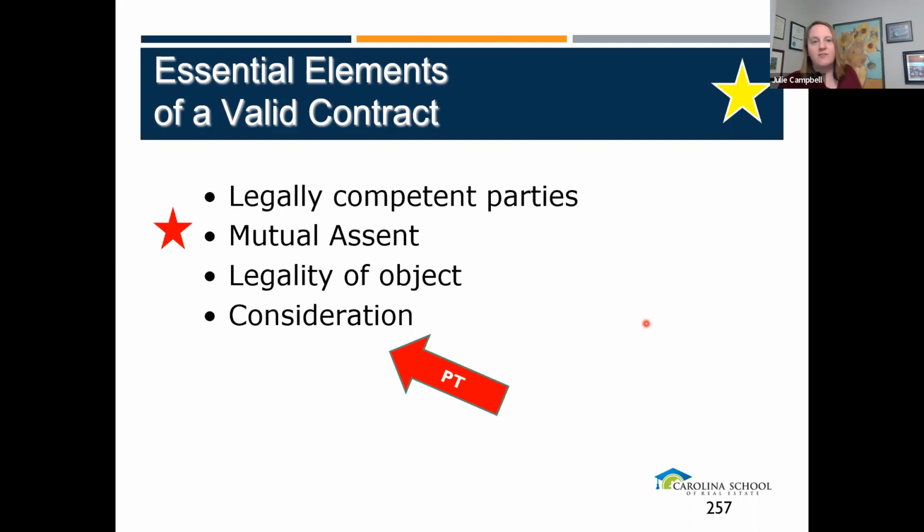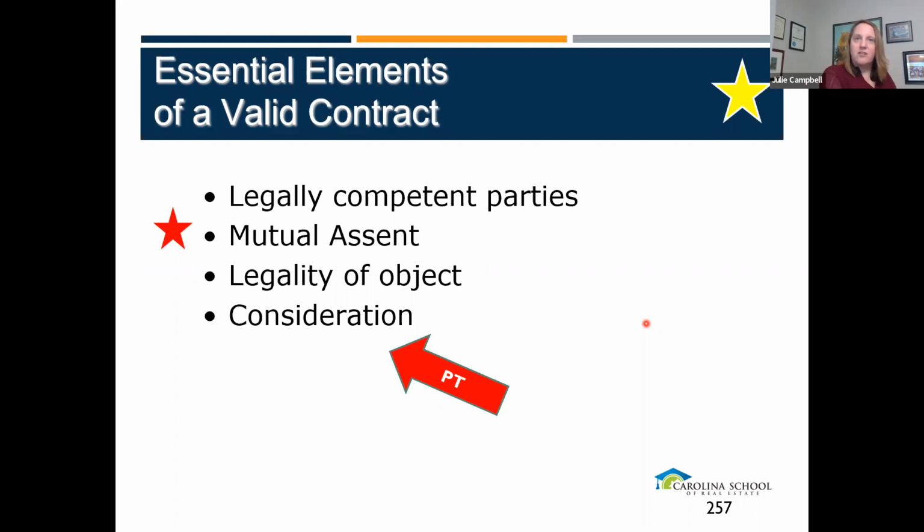So first off, we have to have legally competent parties. They have to have the legal capacity, the mental capacity to enter into a contract. If a minor enters into a contract, the minor can make it voidable. Not the other party that's presumably an adult.